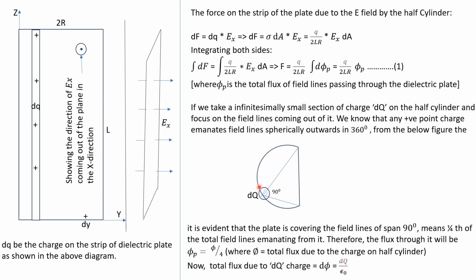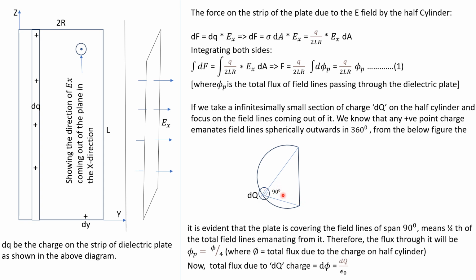But we know this is the half cylinder, so this is the diameter of that circular section, and this angle will always be 90 degrees for all points, because a diameter subtends an angle of 90 degrees if we connect its ends to a point on the arc of the circle.